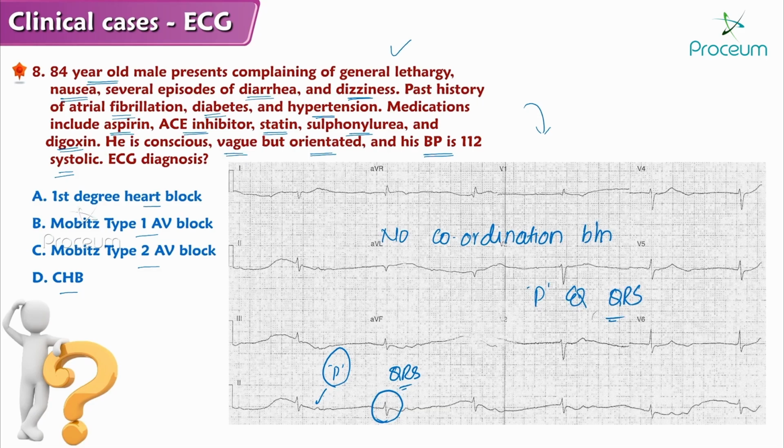When there is no coordination between the P wave and the QRS complex, that means the atria is beating on its own, the ventricle is beating on its own.